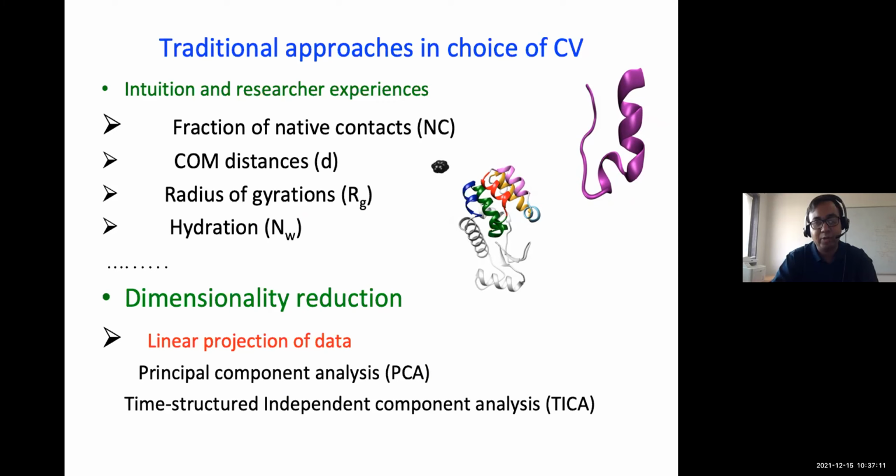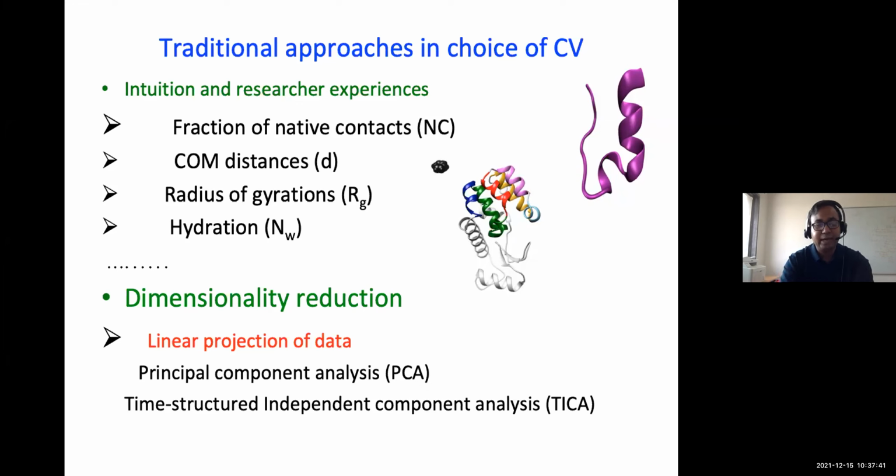Let us say you're talking about protein folding, you have to think about whether the fraction of native contacts is good enough, or whether you need to think about radius of gyration, or center of distance, or even, as I already pointed out, hydration might be an important perspective. So it never ends, and basically we always think, these are the collective variables that might have worked in previous systems, maybe they will work in your current system. So that is one particular way to think about it. Of course, researcher experience and chemical intuition is important.